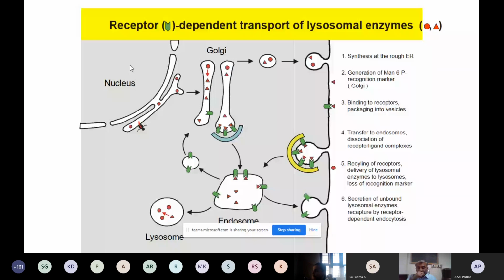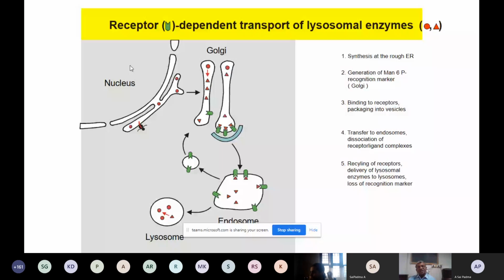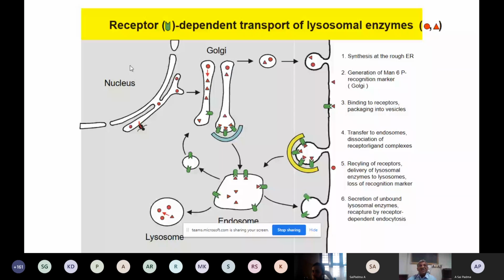Function of the receptor, which selectively targets the lysosomal enzymes, is to internalize the lysosomal enzymes that contain mannose-6-phosphate from the outside into the cell. For example, within the cell, you have the mannose-6-phosphate generated when the phosphotransferase is present, and then the mannose-6-phosphate is recognized by the receptor and transported to an endosomal compartment and finally to the lysosome.